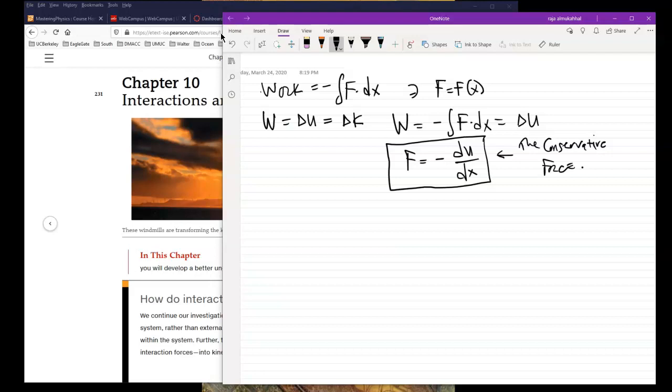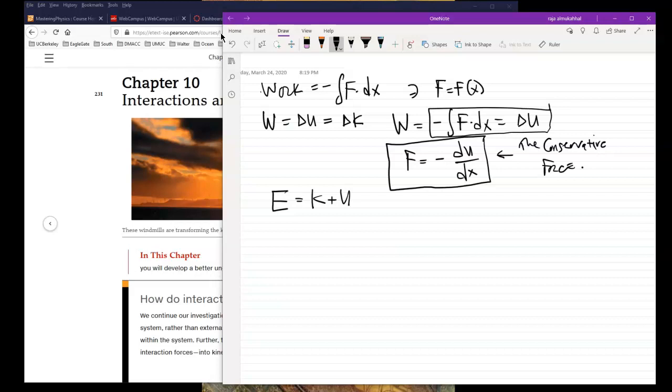Now, let me use this one to calculate something. By the way, do you remember what the minus sign means? I don't know if I talked about it or not. Let me go back to the total energy. Remember that total energy is equal to kinetic plus potential. Is it possible for a mechanical system, while it's in motion, to have the kinetic and the potential increase at the same time?